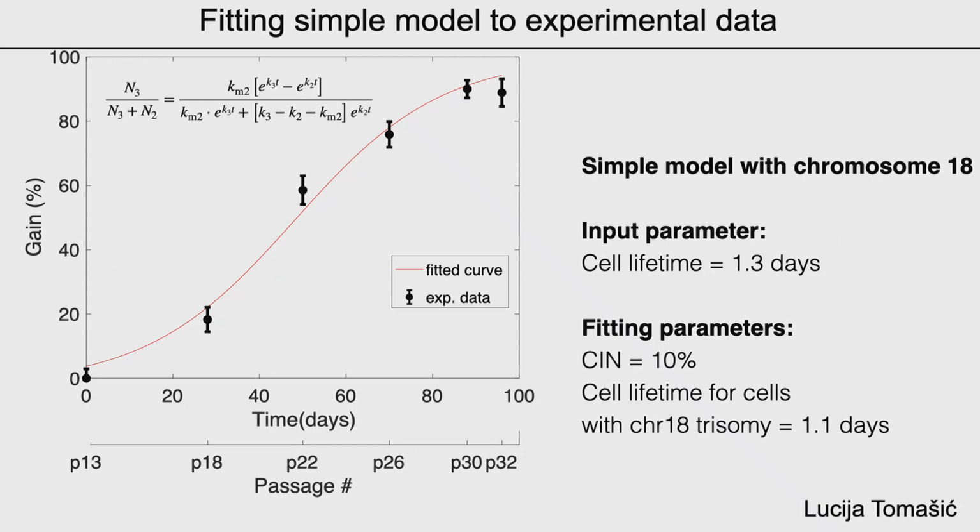From this fit, we can say something about cell lifetime, and we can say something about misaggregation rates, and we can say what happens with the cell lifetime for different chromosomes. The main conclusion of this calculation is that cells that have this gain are actually proliferating faster, they're dividing faster than the cells that do not have this gain of chromosome 18.